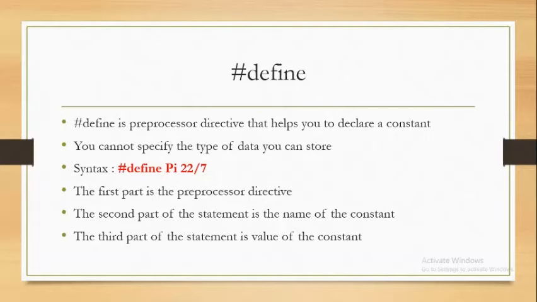For example, something like #define pi 22 by 7. The value of 22 by 7, that is our pi 3.14, will be stored in a constant called pi. The first part is the define preprocessor directive, the second one is the name of the constant, and the third one is the value of the constant.